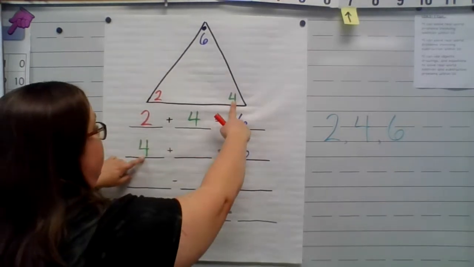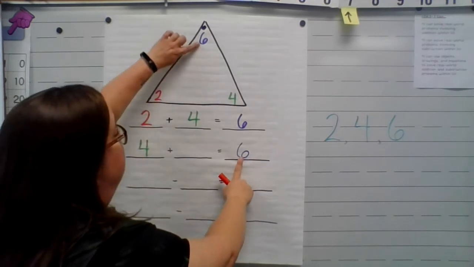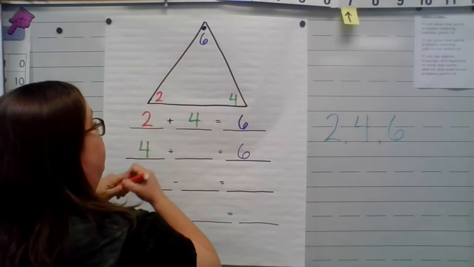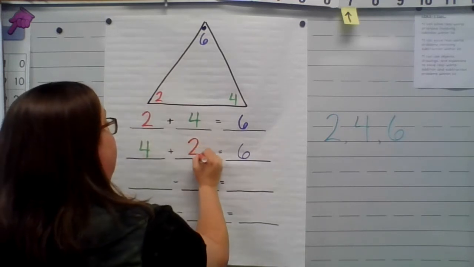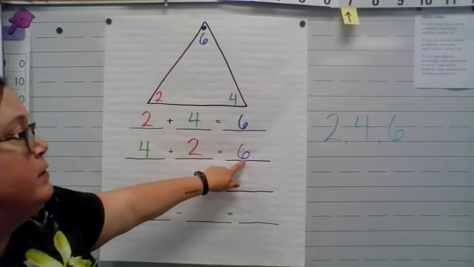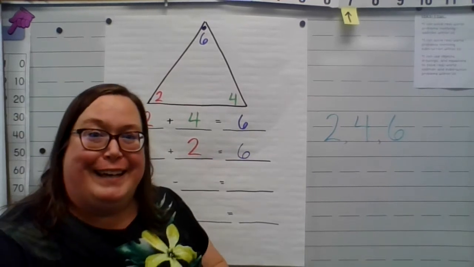We've used the 4. We've used the 6. We have not used the 2 yet. That means the 2 should go right here. So it says 4 plus 2 equals 6. Good job. You're getting the hang of this.